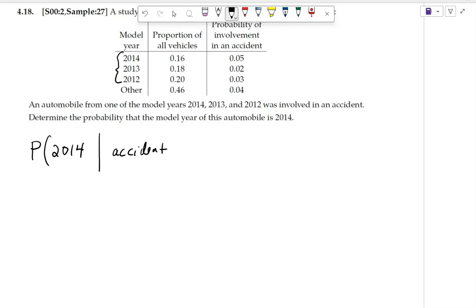It's not just accident, but it's accident and 2012, 13, or 14, right? It matters in how we're going to do the computation. It doesn't matter because they told us it didn't come from the other. It came from 2012, 13, or 14. That's why I said there was a little bit of a twist in there, right?